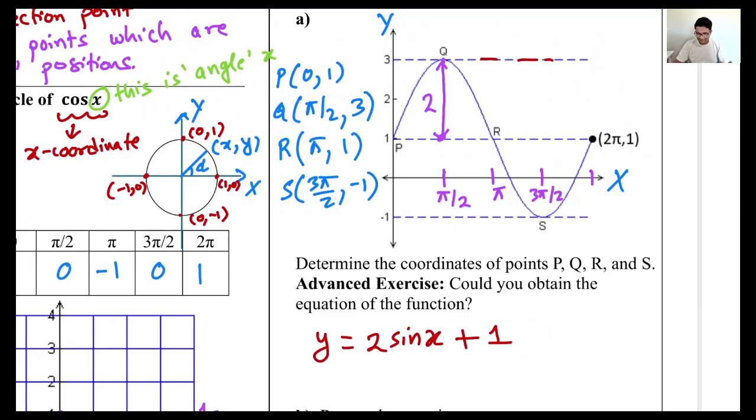Now, if you check carefully, this equation corresponds to that graph. And I will give one more validation of why this equation is correct. That is from the range.